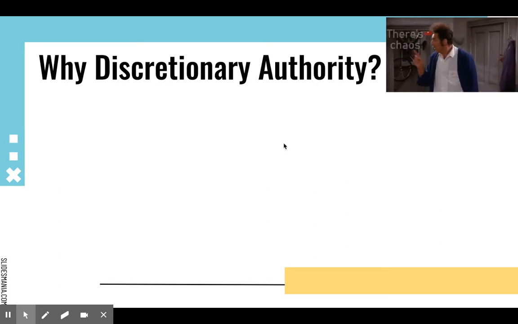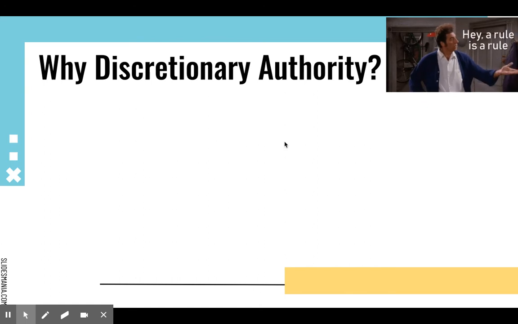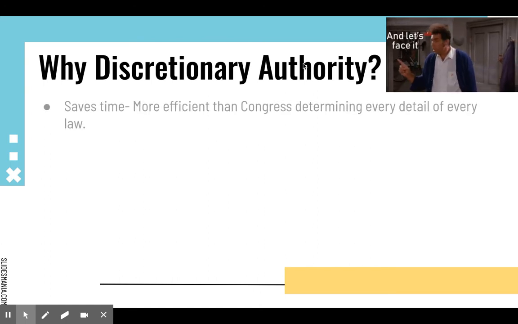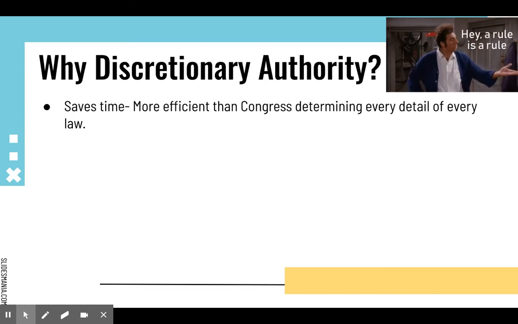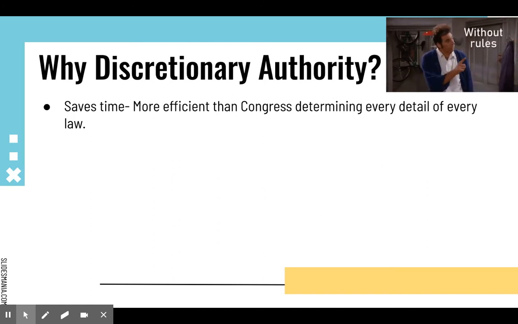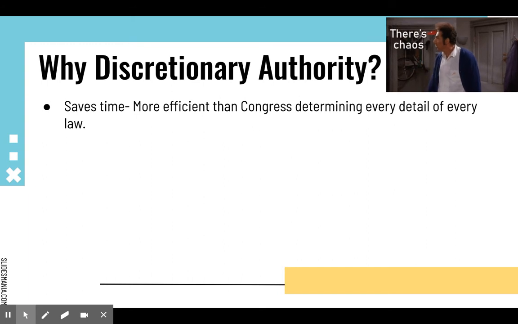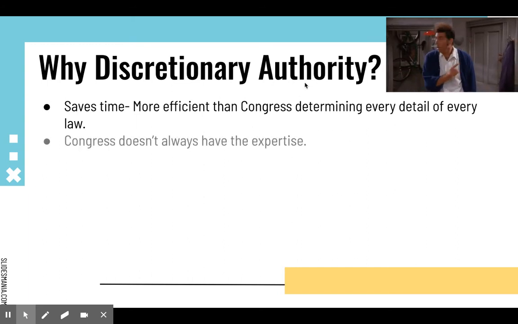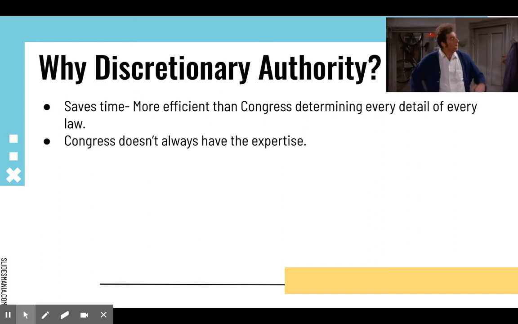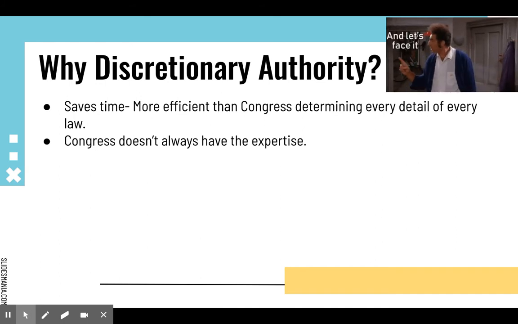Why did Congress delegate this power to the bureaucratic part of the executive branch? First and foremost, it saves time. It is more efficient than Congress determining every detail of every law. Okay. A thing that goes along with this is Congress also doesn't have the expertise always.